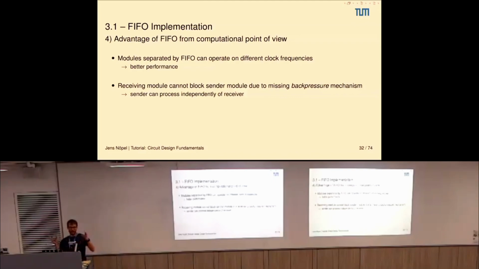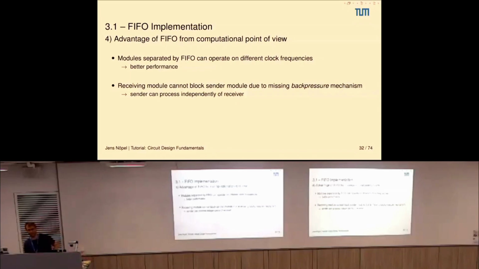If you add a FIFO in between, then module B can be unavailable to receive data, and module A in the meantime can still produce data and write it into the FIFO, and is not back pressured, meaning it can still compute on its own while module B is not able to receive data.